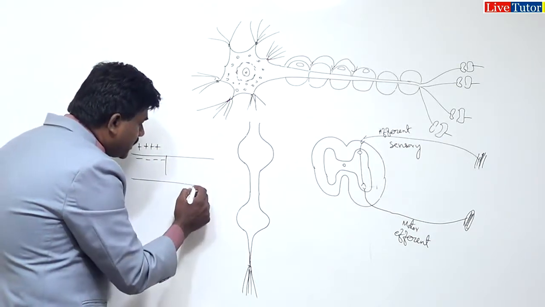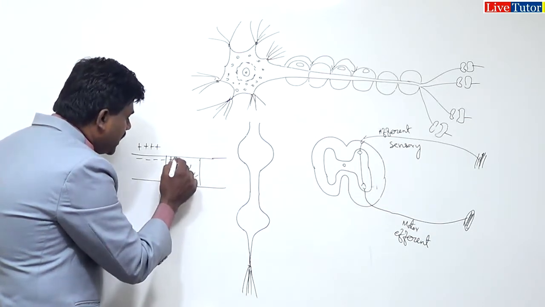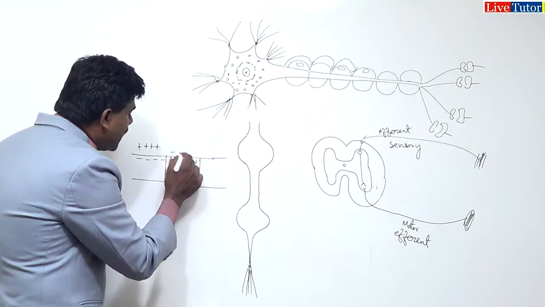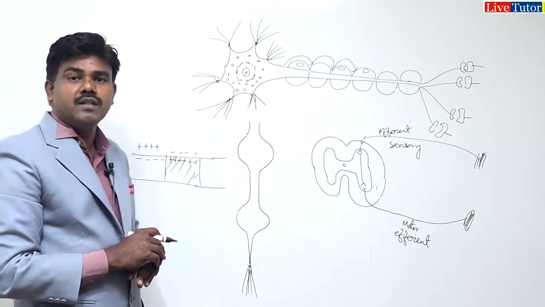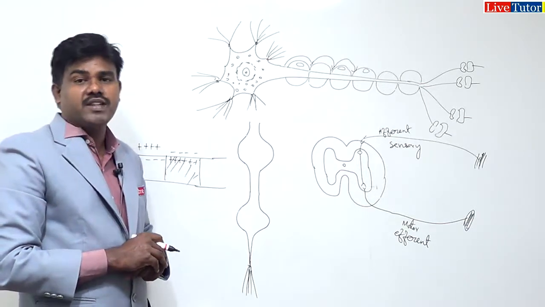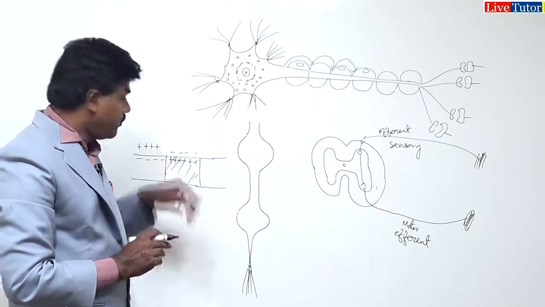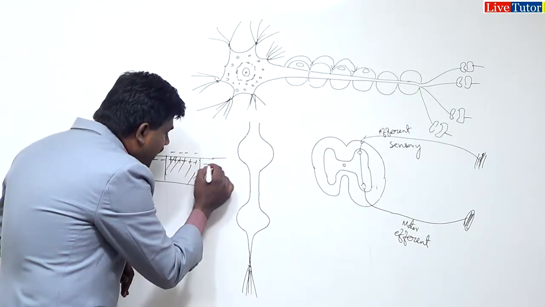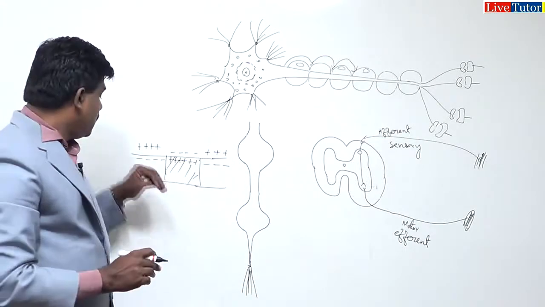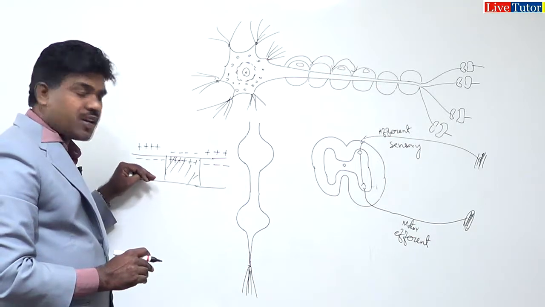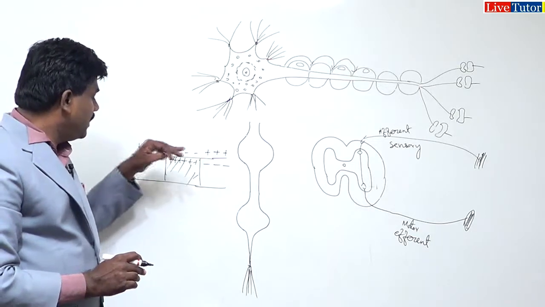Then, because of depolarization, it becomes more positive inside and more negative outside. Then finally it again becomes negative inside and positive outside. It's called repolarization. So the polarized state is also called the resting potential, more electronegative inside and more positive outside.